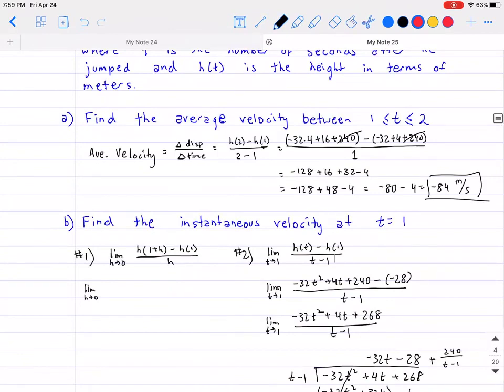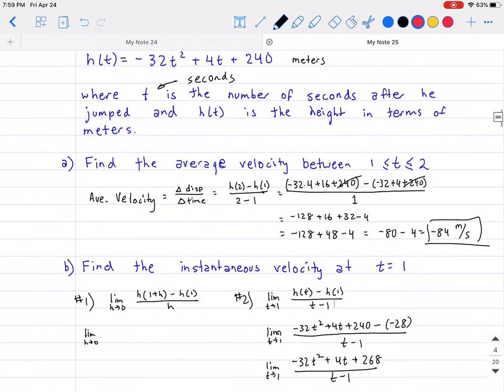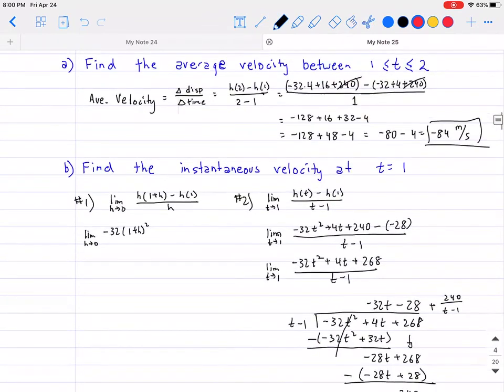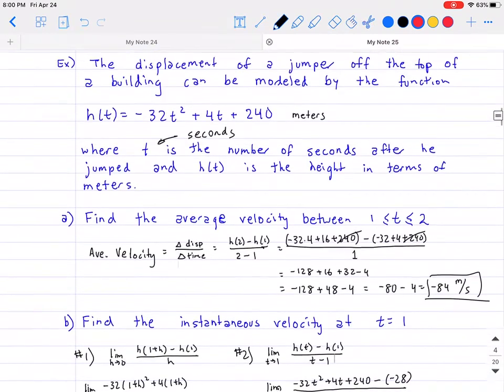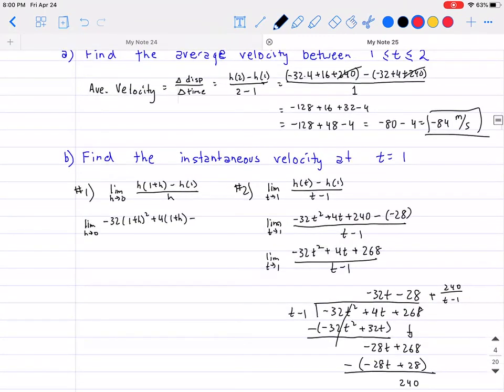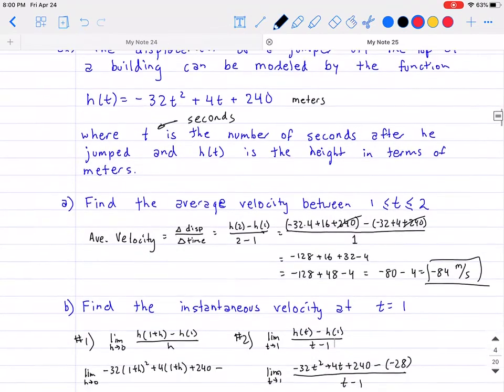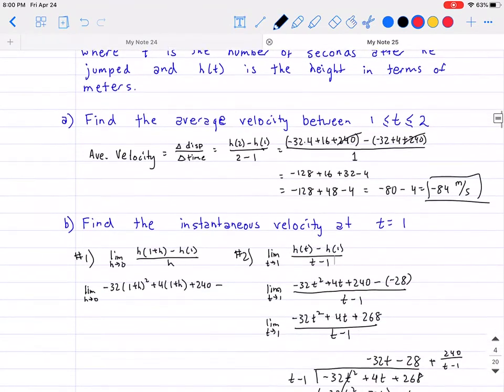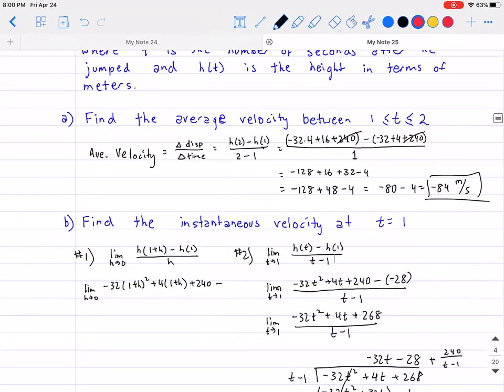It happens sometimes. Limit as h approaches 0, plugging h of t, 1 plus h, into the equation. So that is going to be negative 32 times 1 plus h squared, plus 4 times 1 plus h, plus 240, and then minus h of 1.